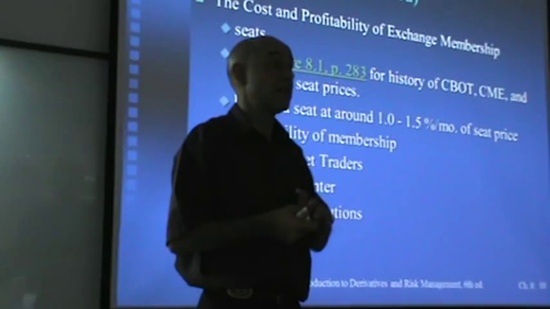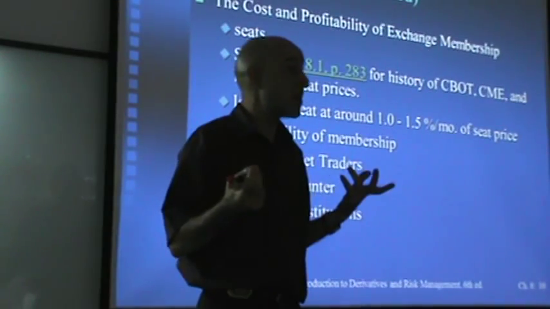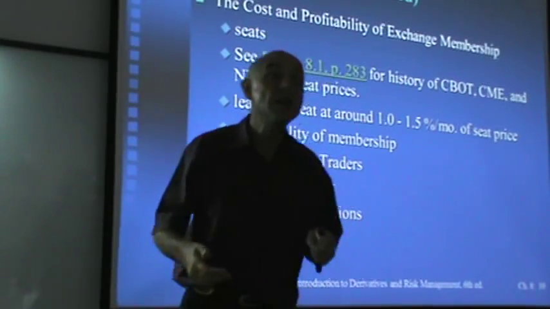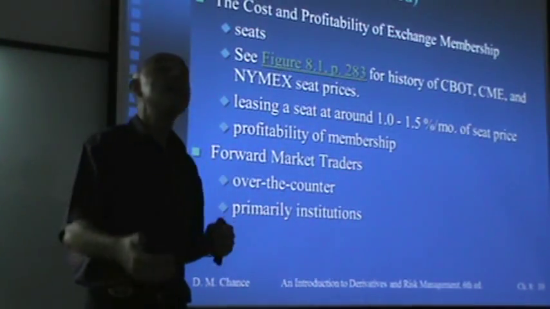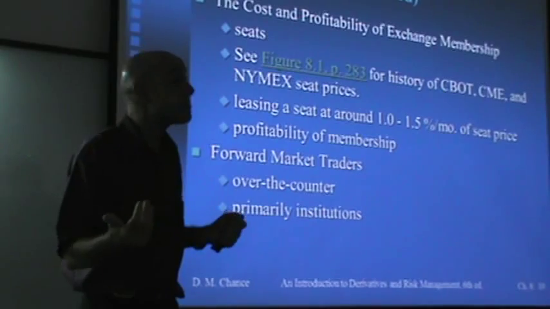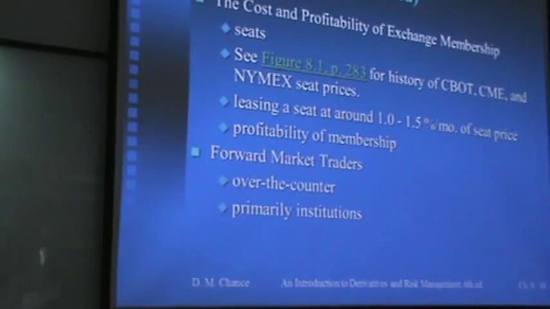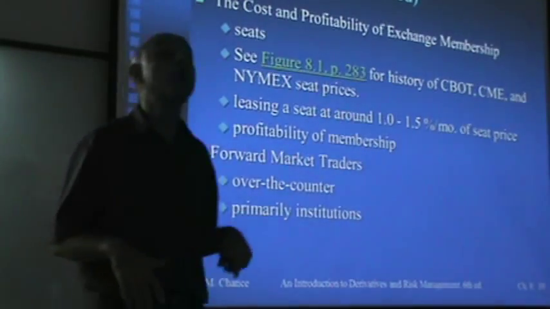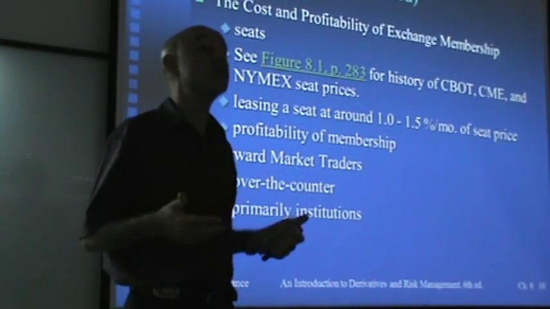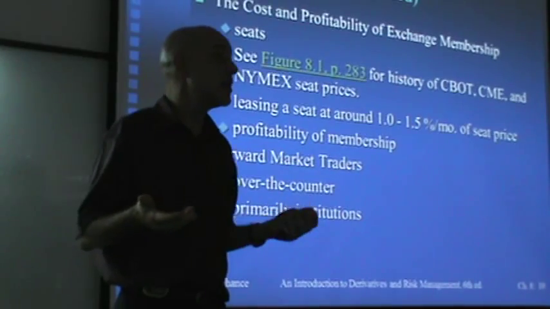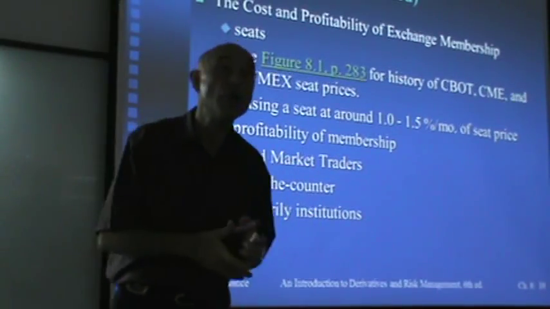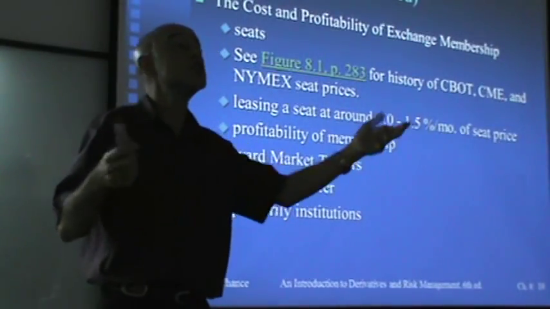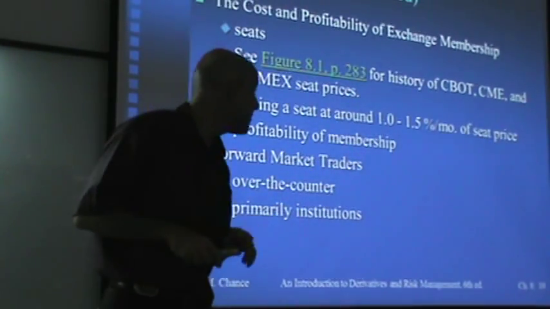It is an asset like any other asset, and if you expect high profits because of high trading, the price is going to go up. And if you expect low profits, the price is going to go down. And you see that it ranges anywhere from a quarter or a third of $1,000,000 to over $1 million. So if you want to become a member of the exchange, $1 million US, you buy your membership.